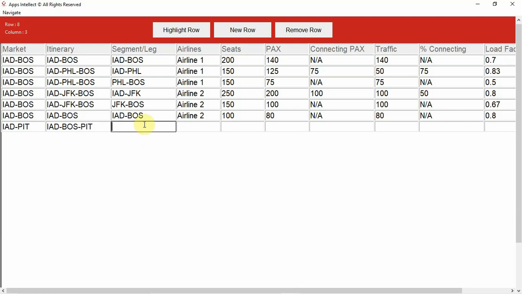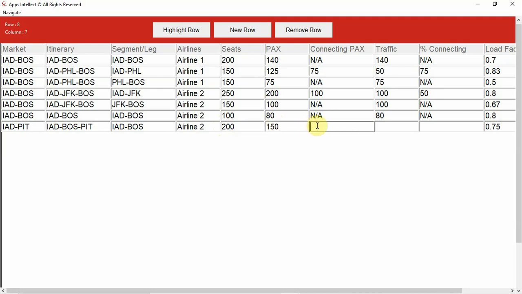The first leg would be from Washington to Boston, and the second from Boston to Petersburg. This is Airline 2. The seats available for this route is 200. The aircraft capacity is 200. The number of passengers boarding is 150.